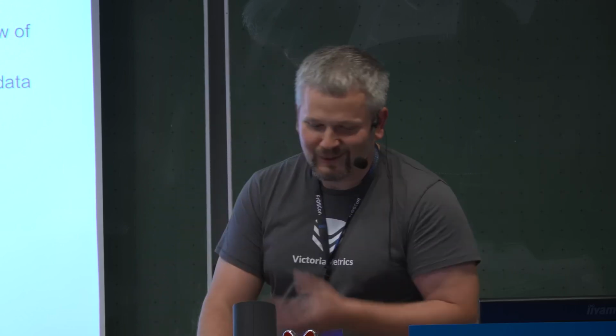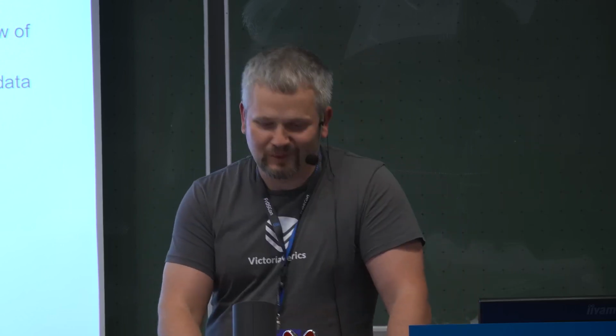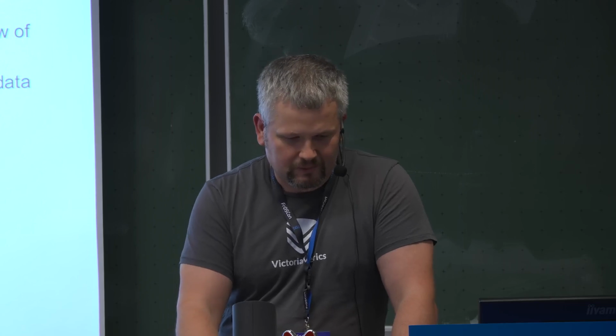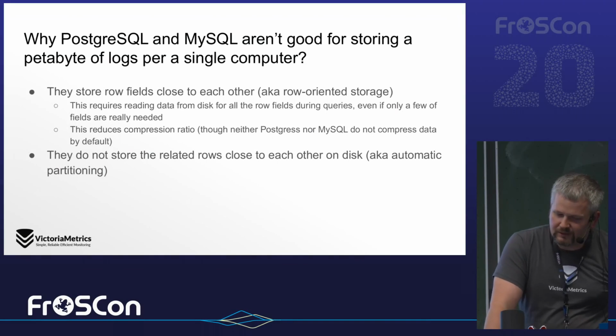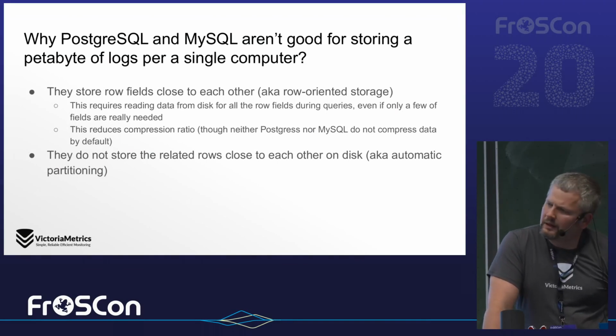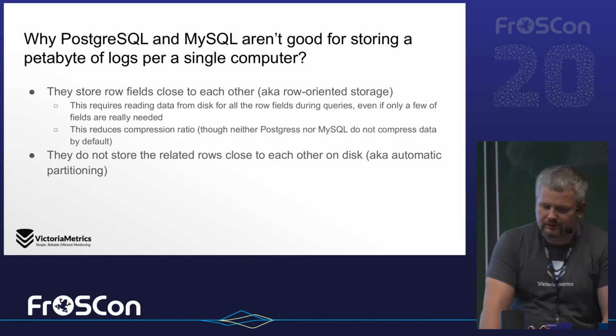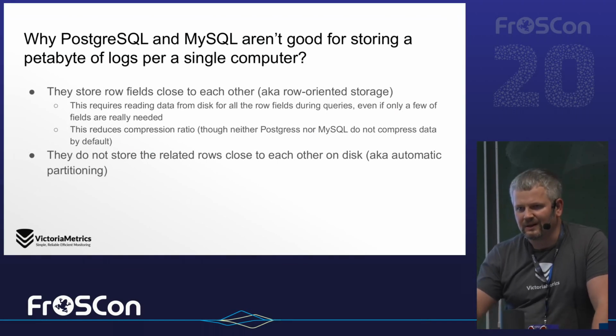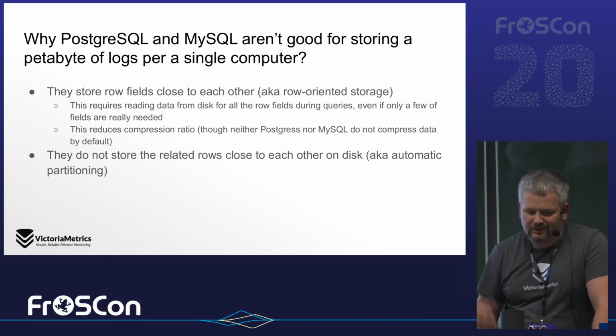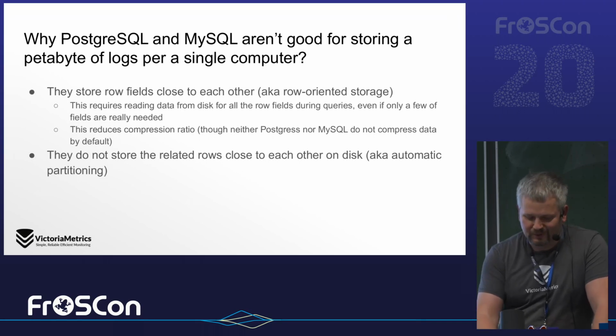Not to mention that Postgres and MySQL do not compress data by default. They store data in uncompressed form by default. Also, Postgres and MySQL do not store related rows close to each other on disk. They do not partition the stored rows automatically. Of course, you can set up this partitioning yourself manually, but they do not do this automatically.